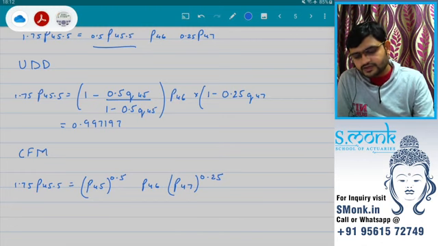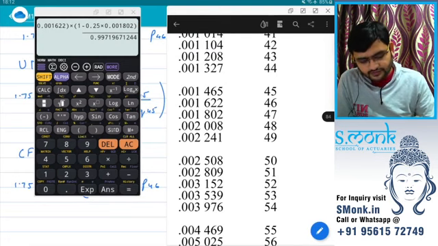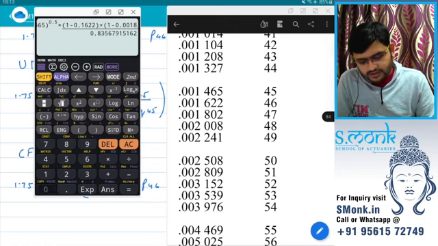So we can write them as 1 minus q45 (0.001465) raised to 0.5, into 1 minus q46, into 1 minus q47 (0.001802) raised to 0.25.